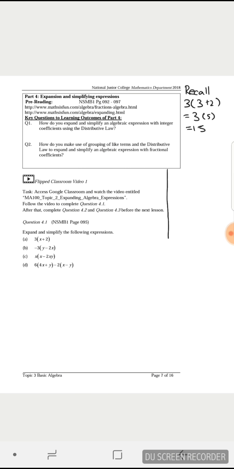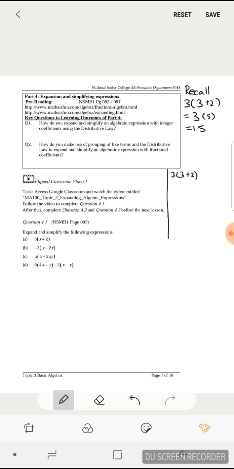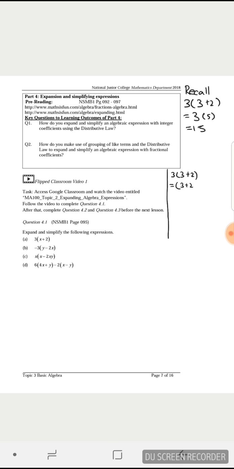Now, another way to look at 3 times 3 plus 2 would be to see that for 3 plus 2, we want to have 3 groups of it, which means it's going to be 3 plus 2 plus 3 plus 2 plus 3 plus 2.